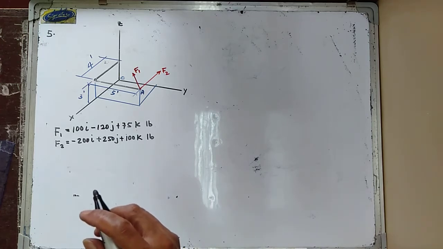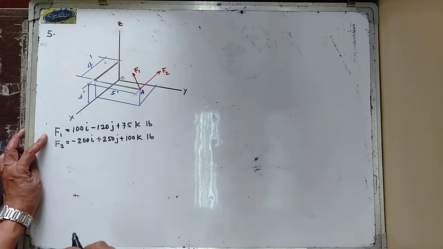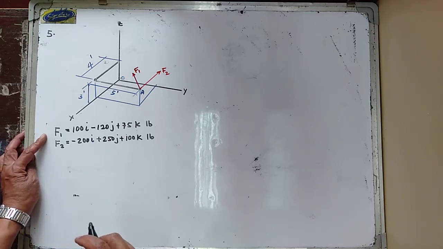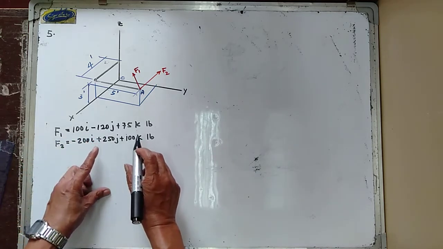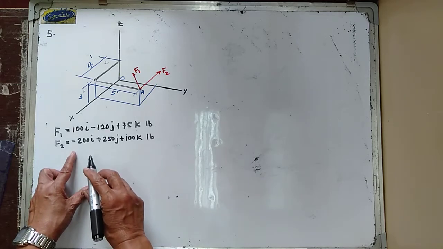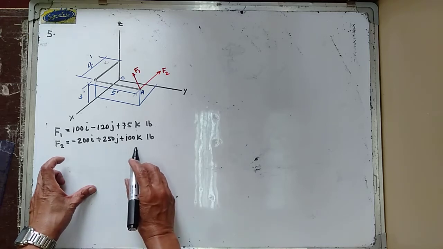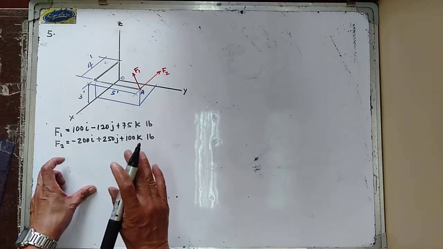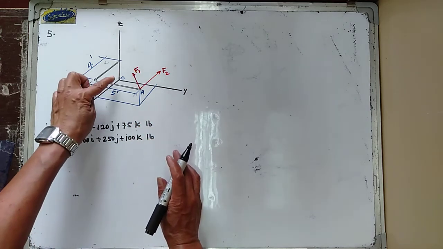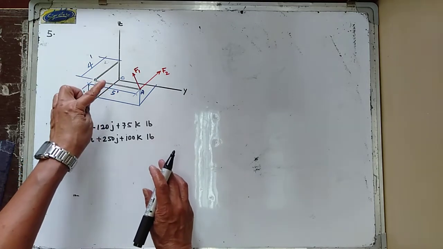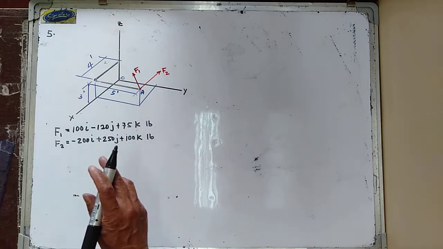Okay, problem number 5. If F1 is equal to 100i minus 120j plus 75k, and F2 is minus 200i plus 250j plus 100k in pounds, determine the resultant moment produced by these forces about point O, and express the result in Cartesian vector form.